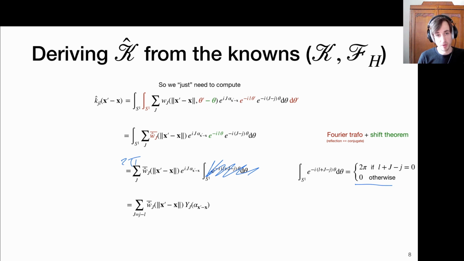And this is in the harmonic network paper referred to as the equivariance condition, and basically tells us that we have this input index L, which corresponds to the frequencies in the input, and the frequencies in the output J. And suppose I have a scalar field as input, so L is 0, so a type 0 irreducible representation field trivially transforms, and I want to generate a response with frequency 1 or 2 or 3, with frequency J. Then it means that capital J should be J minus 0, so just the frequency whatever I want.